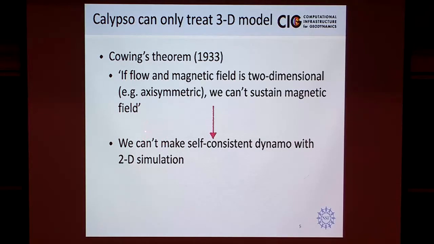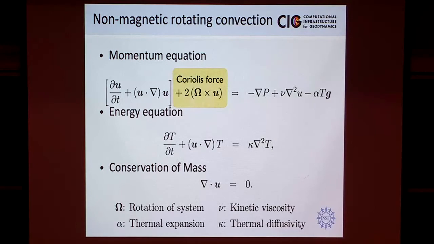That's the reason why we haven't gotten a successful dynamo simulation until 95, which is Gary Glatzmaier's paper and Akira Kageyama's paper. And Calypso only accepts a three-dimensional model. So unfortunately, today I gave up treating the magnetic field.